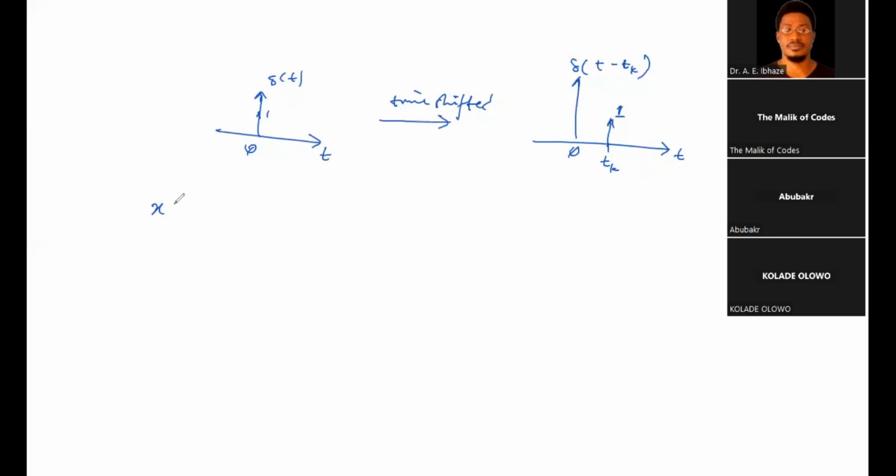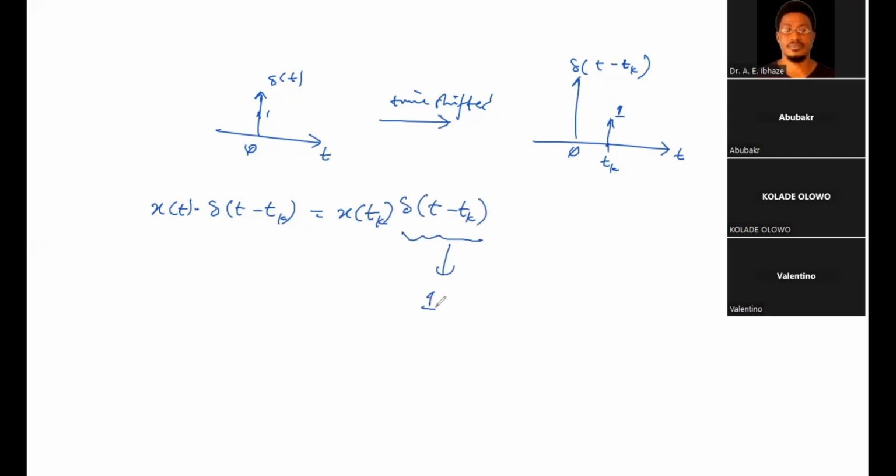So if we have S of t as a signal, I will multiply it by the time-shifted version of the impulse response, and this signal now assumes its value at t sub k. S of t changes to S of t sub k, Dirac delta t minus t sub k. And don't forget, this component is unit value. So the signal automatically becomes S of t sub k times 1, which is the same as S of t sub k.